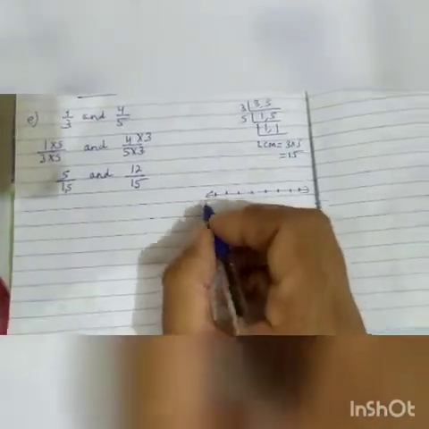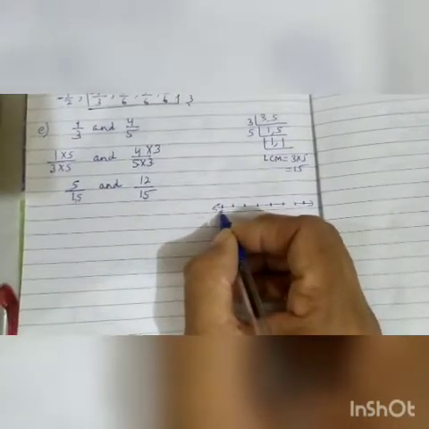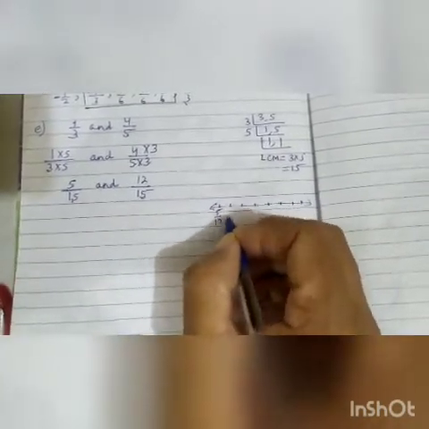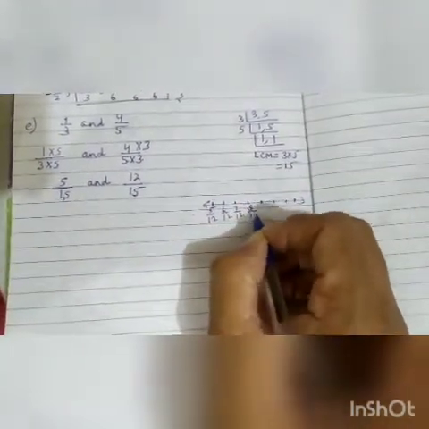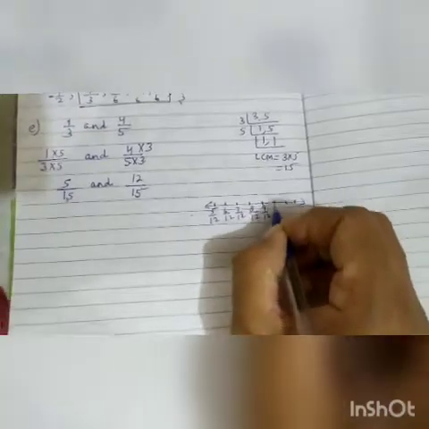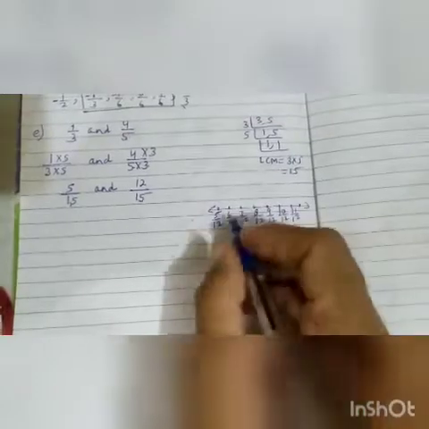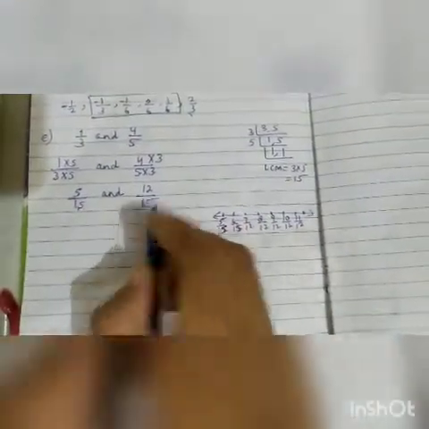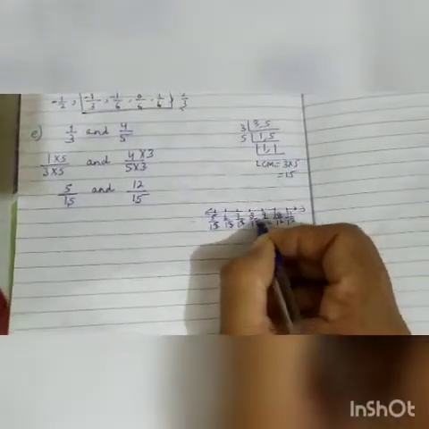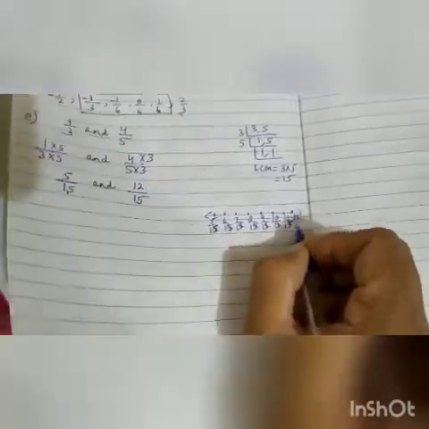See, suppose I am starting with denominator 15: 5 upon 15, 6 upon 15, 7 upon 15, 8 upon 15, 9 upon 15, 10 upon 15, 11 upon 15 and 12 upon 15.